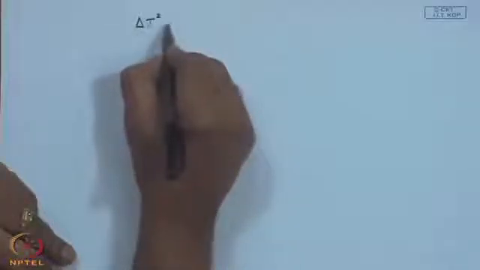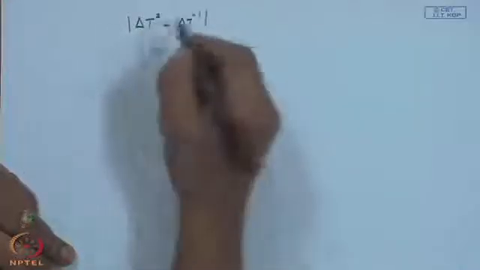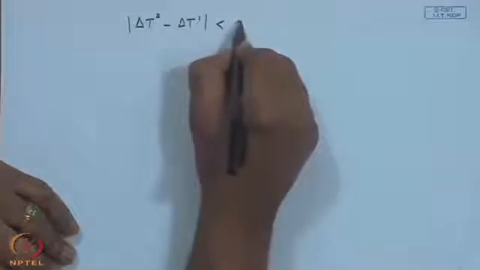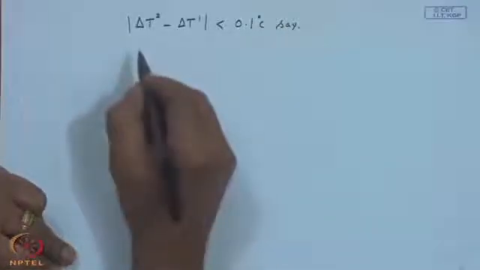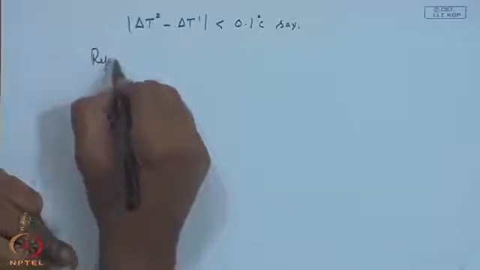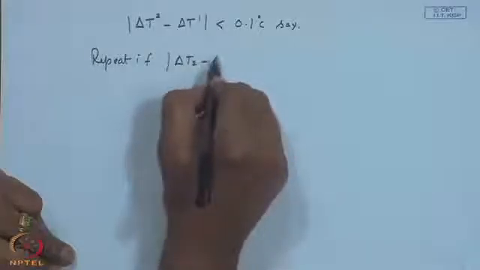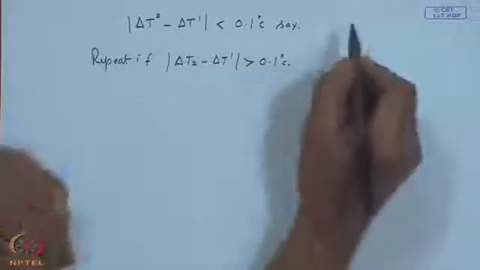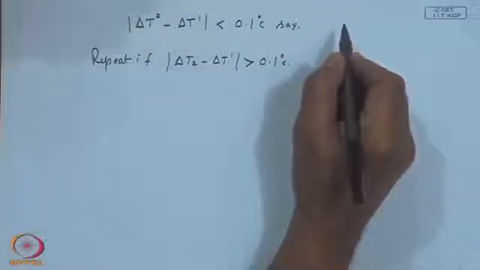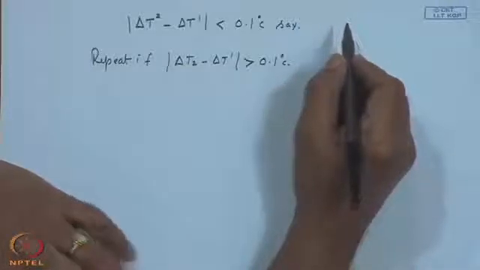So, again we will set up the same condition. First guess, the difference between these two should be, let us say, 0.1 degree C, or else repeat if it is greater than 0.1 degree C. So, you always come out with delta T_2 and then go and re-estimate your x_c bar minimum and then the solar load fraction.